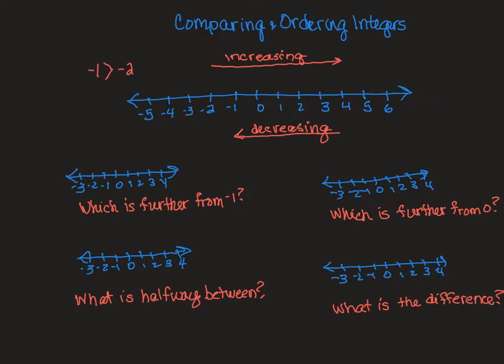If I owe you $5, I'm in the hole. I'm worse off, further down, than if I just owe you $1. But if I have $2 to the good, I'm in an even better position. I want you to remember that the one thing that's constant on the number line is that the value of the numbers, the amount it represents, is always increasing going from left to right and always decreasing going from right to left.